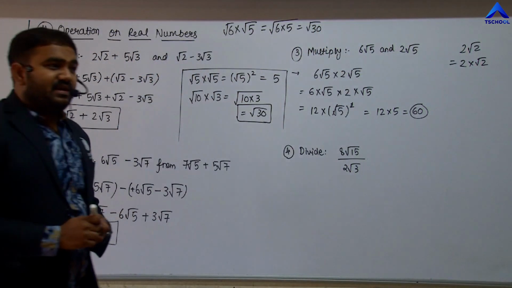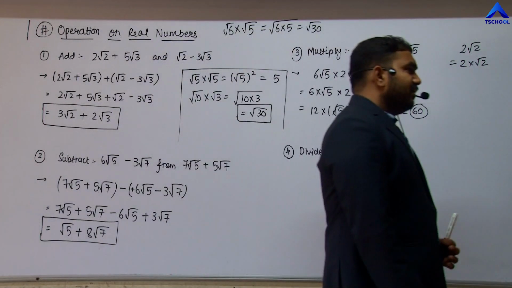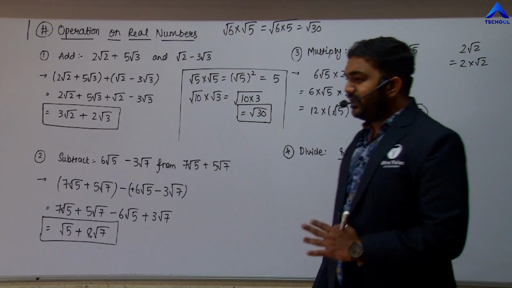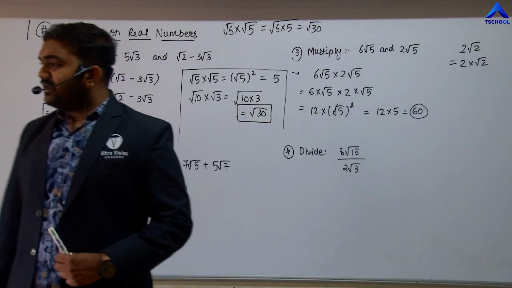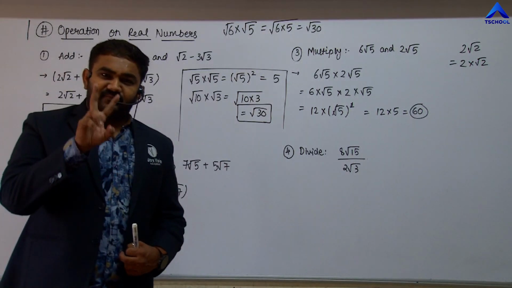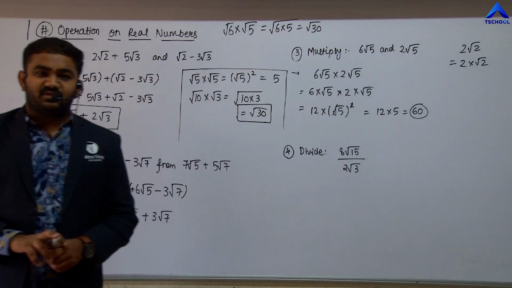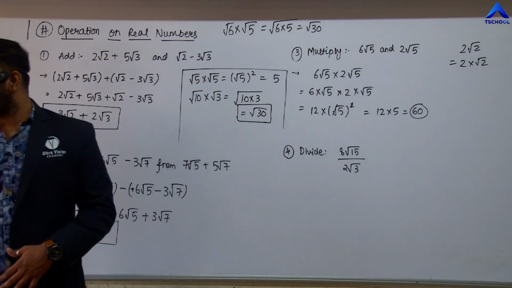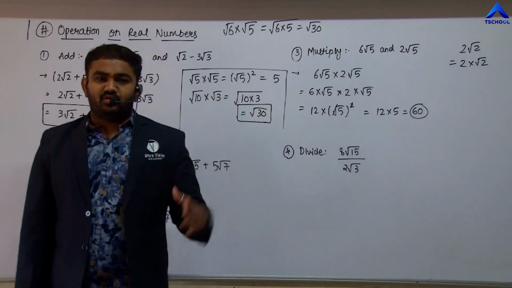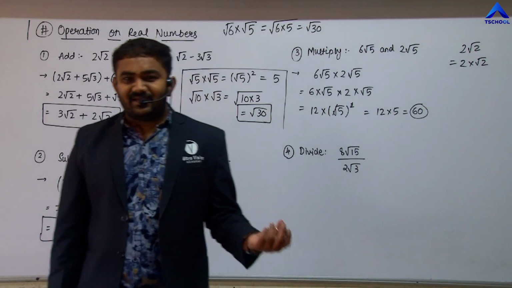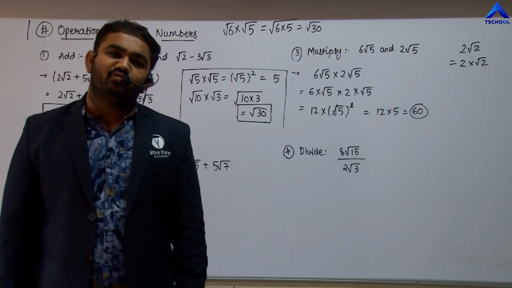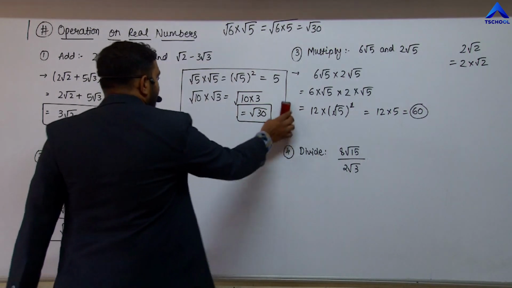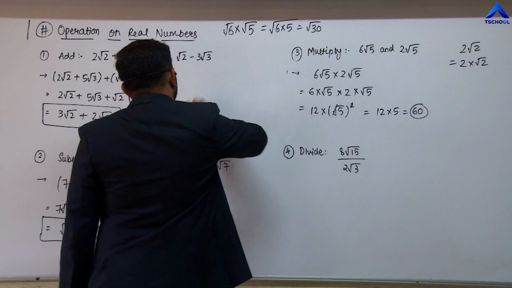So this is how irrational numbers work: when you are having two different irrational numbers, the multiplication of those two numbers is equal to multiplying the numbers and making the common square root. Whereas if we are having the same irrational numbers, that means root 5 into root 5, root 3 into root 3, root 2 into root 2, or anything like that, at that time you will write any one of the numbers and remove the square root. That is the simple logic. Is it clear? So that is how we can multiply the irrational numbers.